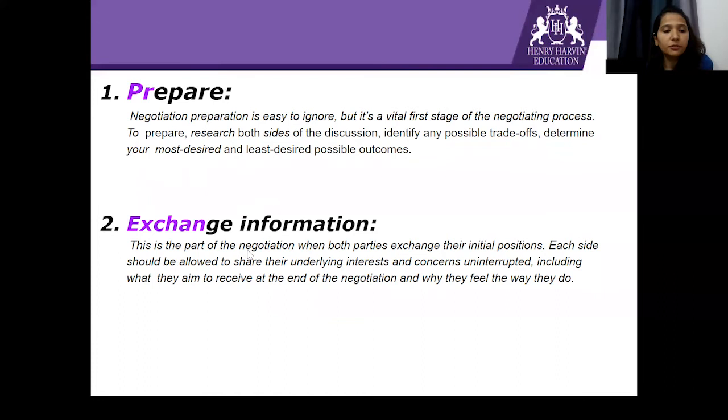Then exchanging information. This is the part of the negotiation when both parties exchange their initial positions. Each side should be allowed to share their underlying interests and concerns, including what they aim to receive at the end of the negotiation and why they feel the way they do. So here, of course, rather than just saying, I want a new manager or an assistant manager, you need to have enough evidence that actually holds your statements, right?